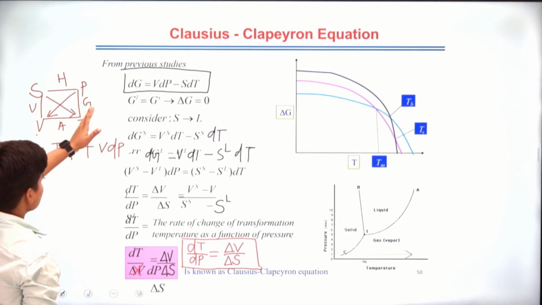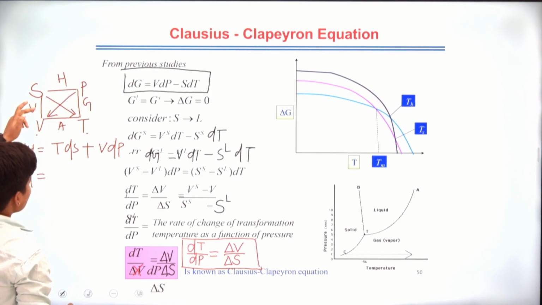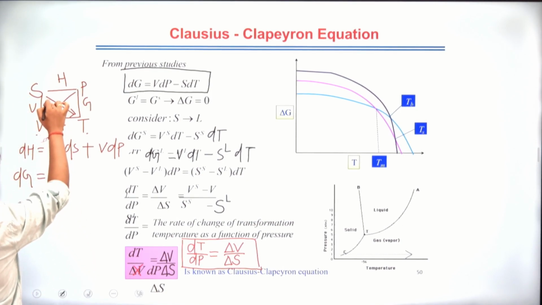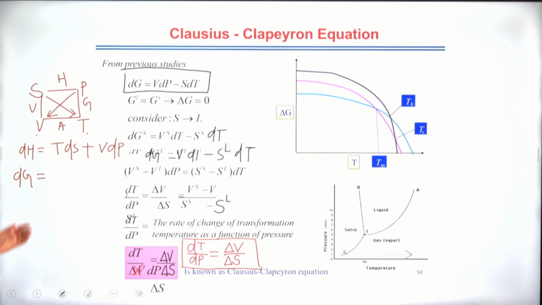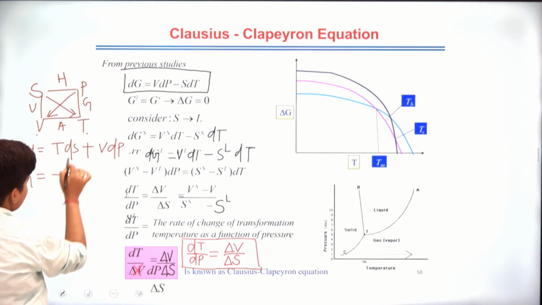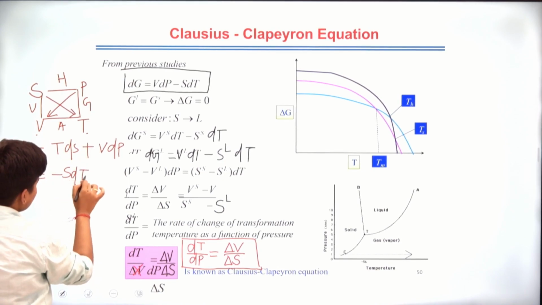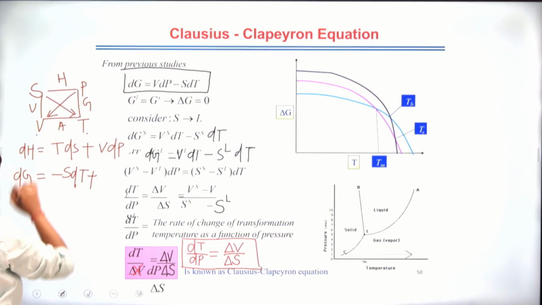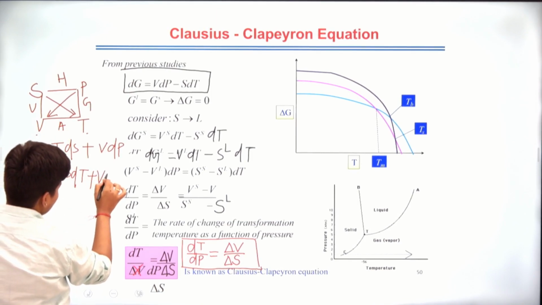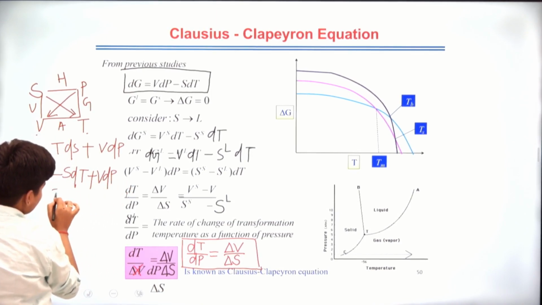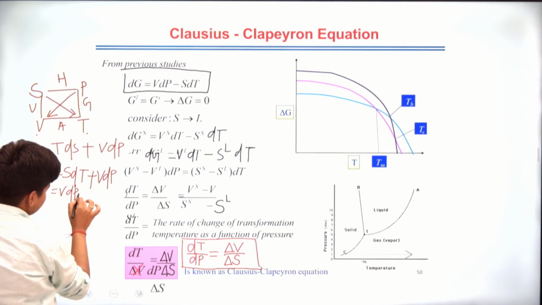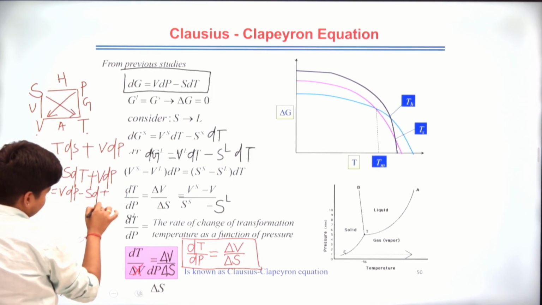For dG the opposite corners are S and V. And here the entropy is at the tail, opposite to the head of the arrow. So it will be written as minus S dT plus, because towards the head, V dP. Or we can write V dP minus S dT, this equation.